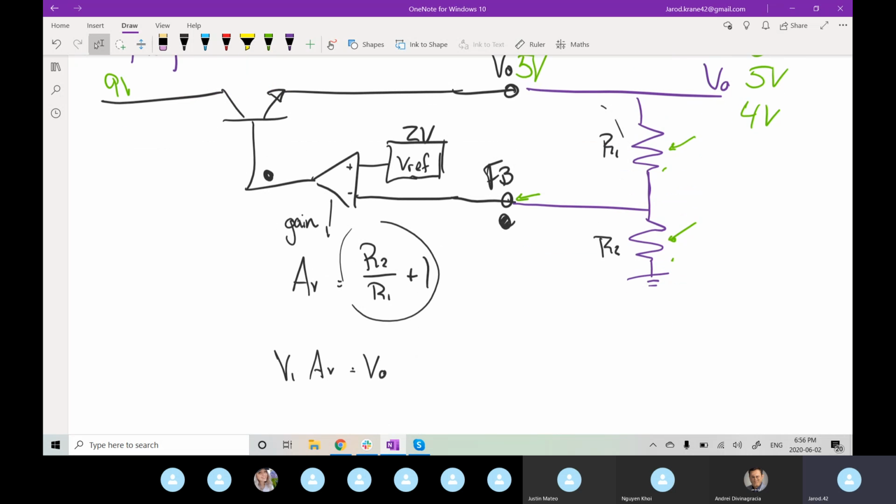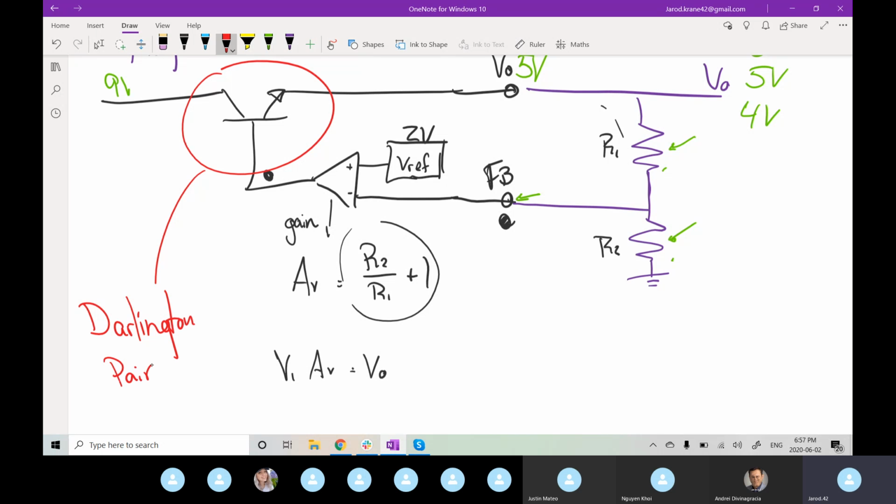Now, in most applications for your standard linear regulator, the transistor used will be in the Darlington pair, which we covered at the end of the transistor session, whatever, 2 weeks ago now.